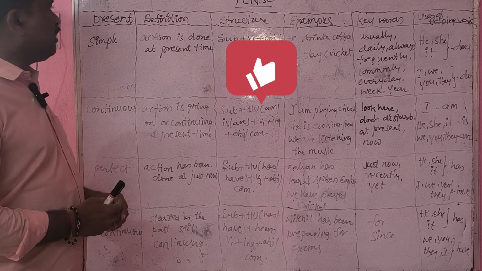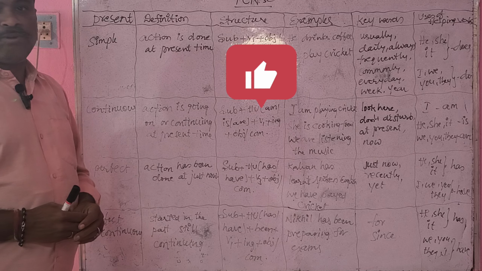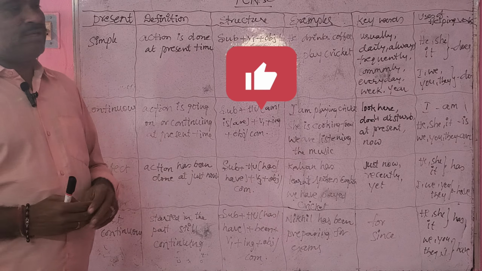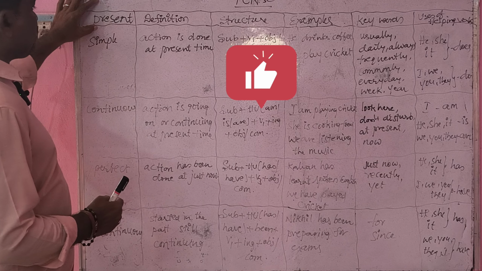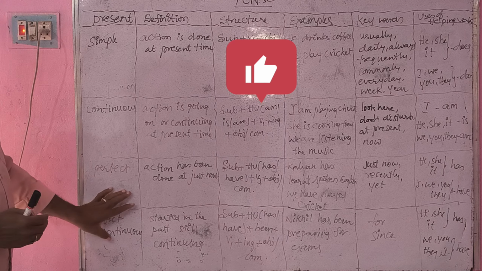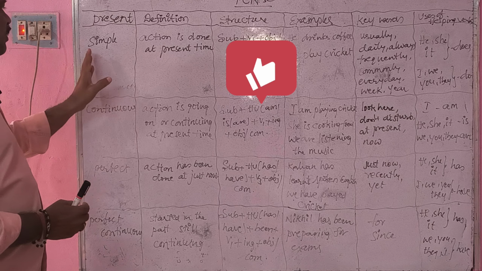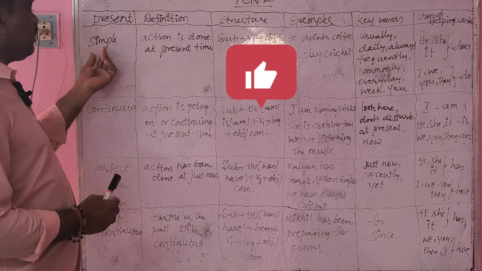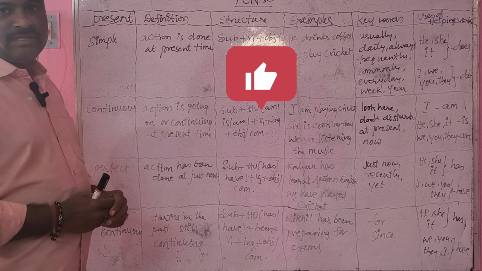Today we are going to see the present tense: simple, continuous, perfect, and perfect continuous tense. First of all, the definition of the simple present tense.